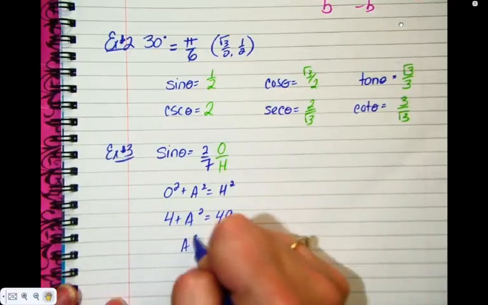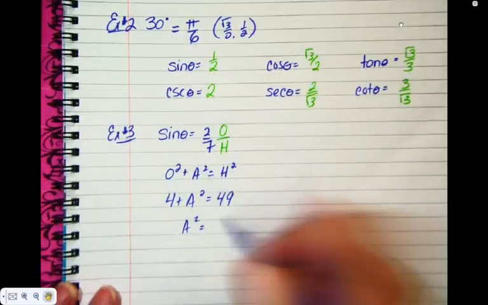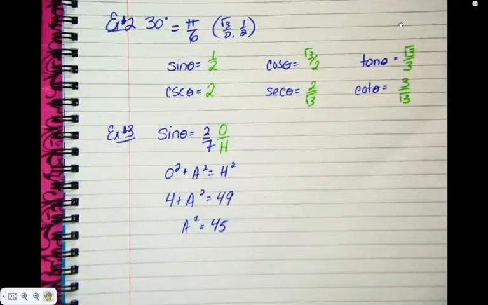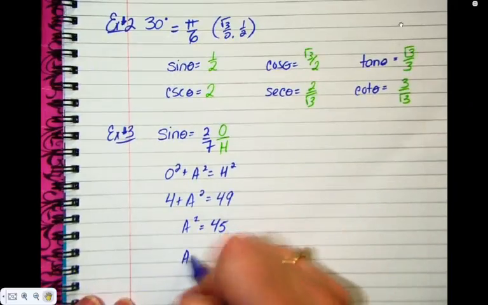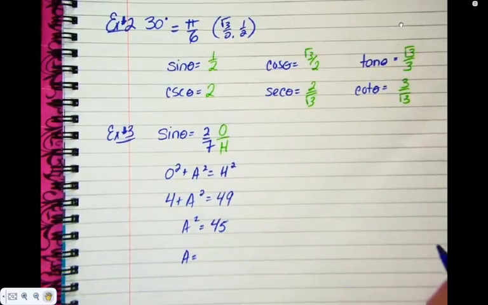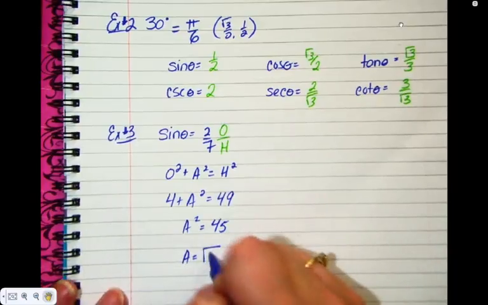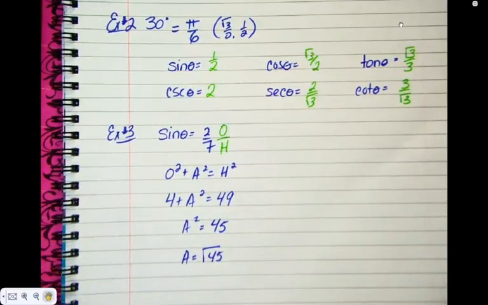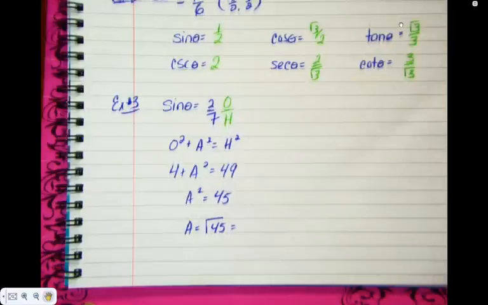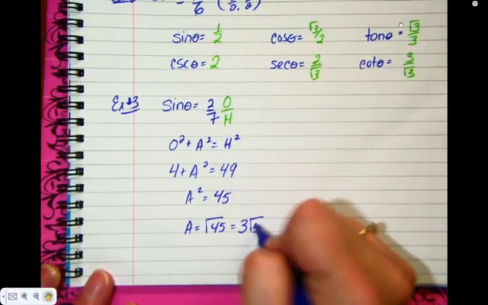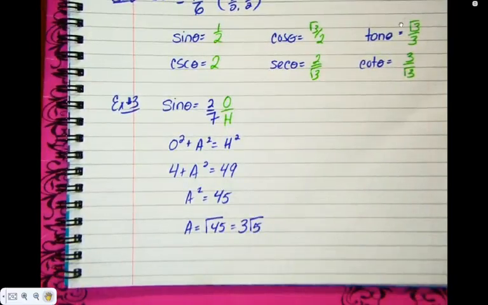A squared equals. A equals. Can we simplify? 3 root 5. Tell me, Andrew, where'd that come from, 3 root 5? Given that 45 is 9 times 5, and the square root of 9 is 3.